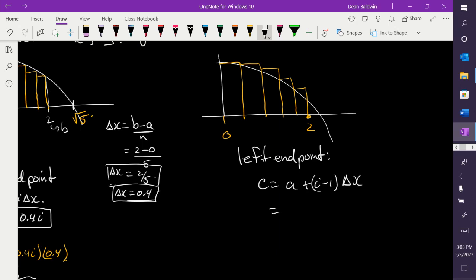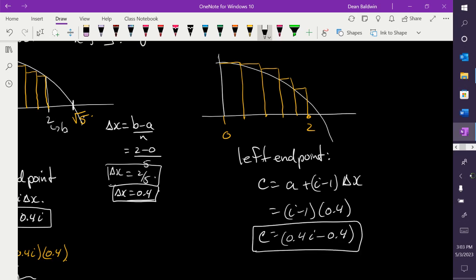The a value is 0, so it's i minus 1 times delta x, which is 0.4. So we can call it 0.4i minus 0.4. Okay, there's a c value.